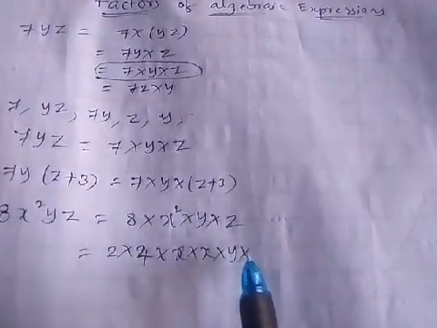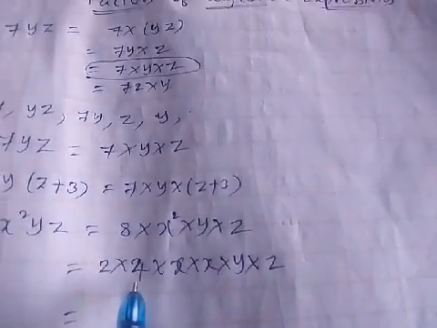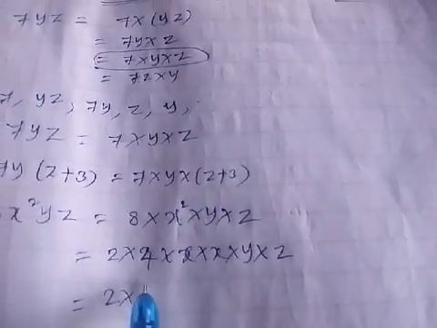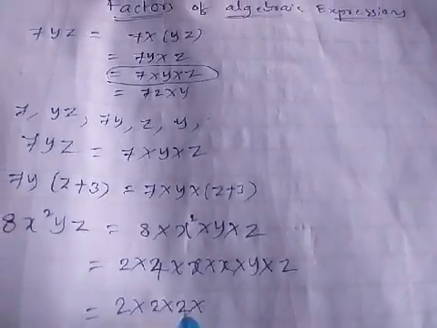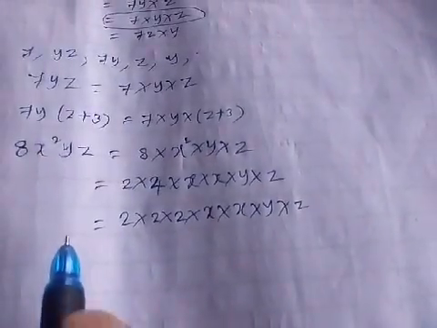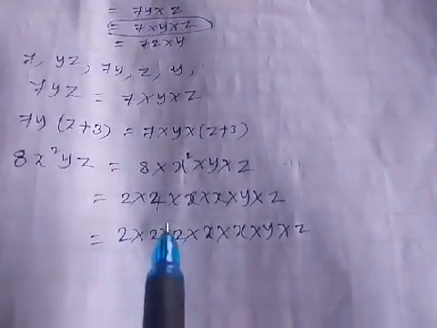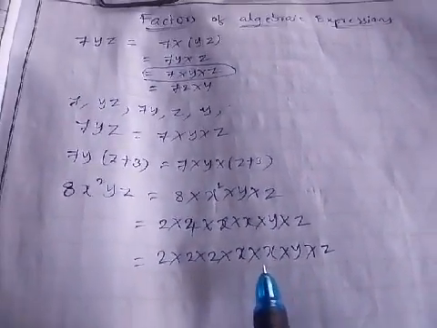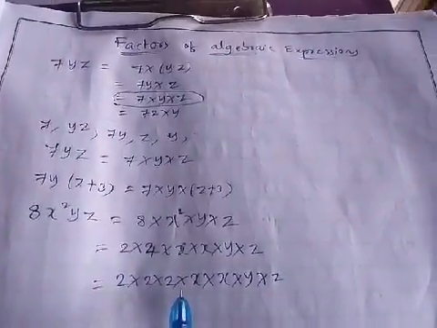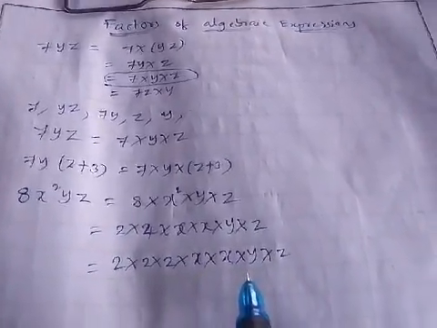Again, 4 is not a prime, so let us write 4 as a product of prime numbers. That means 4 can be written as 2 into 2. So 8x square yz can be written in factorized form. This factorization is called factors of the algebraic expression. Here 2, 2, 2, x, x, y, z are irreducible factors.